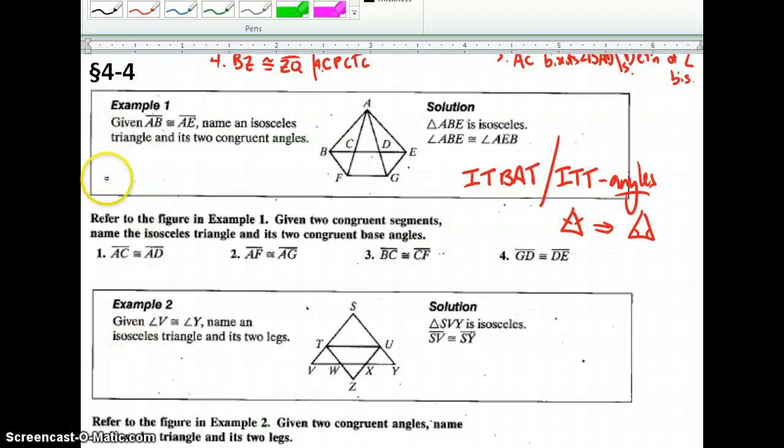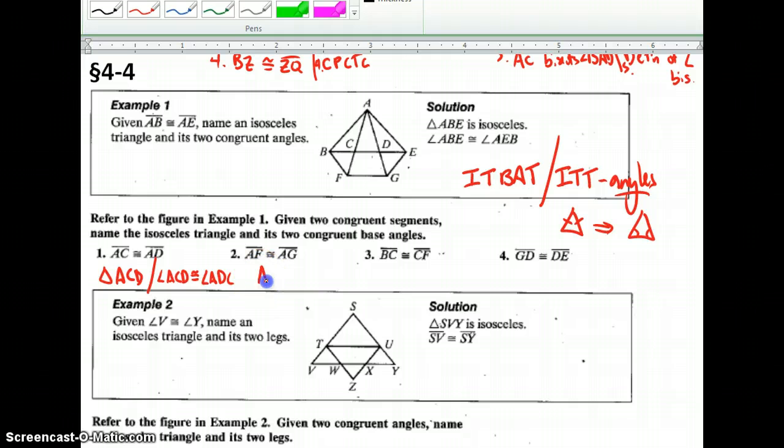All right, example 1, if AC is congruent to AD, then the isosceles triangle we're talking about is ACD, and the angles that are congruent would be the angle at C, but I can't really say angle C, there's too much junk there. Angle ACD is congruent to angle ADC, okay? In number 2, AF is this one, and AG is that one.